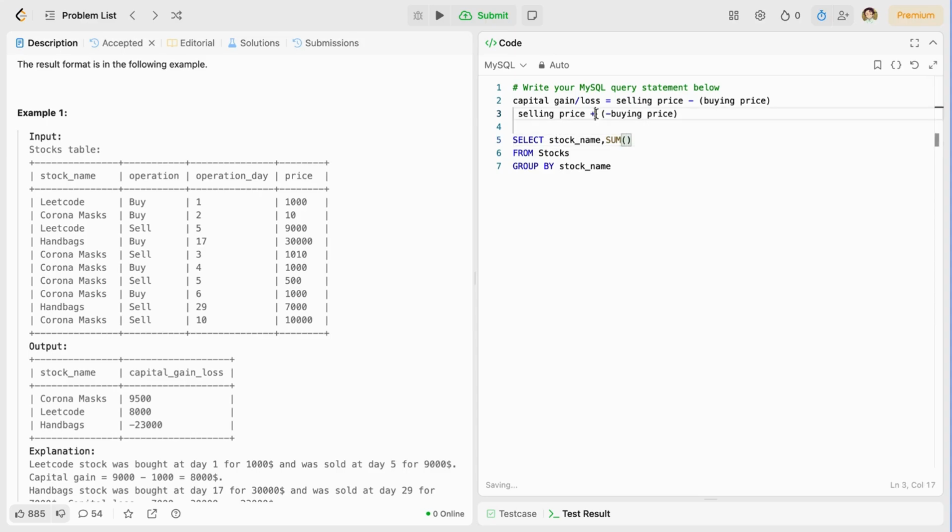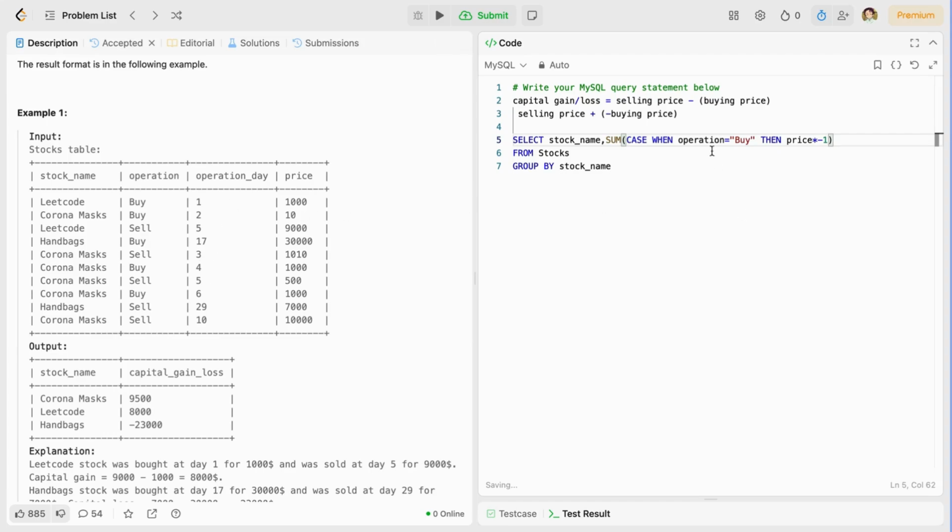So summation of what? Case when the operation is equal to buy, then I'm going to do price into -1.